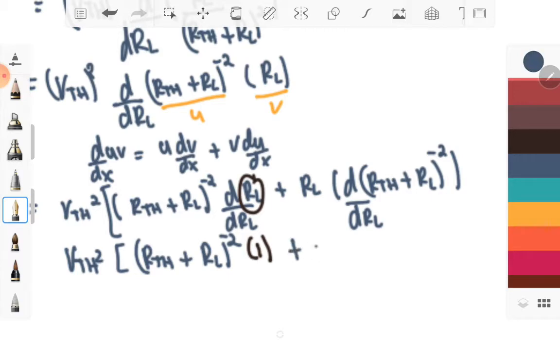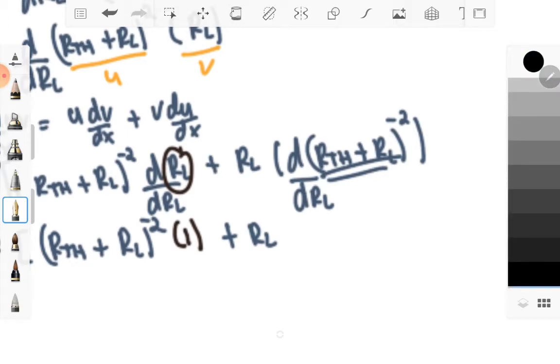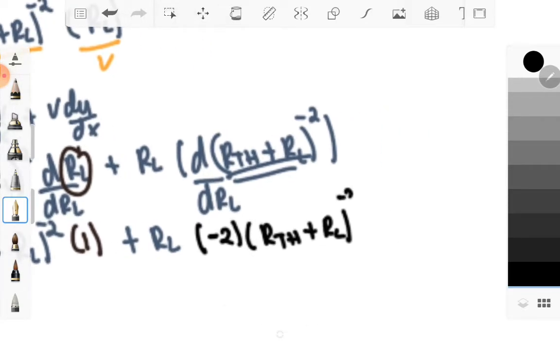So plus RL multiplied by the derivative of this term, so we have the derivative of negative 2 multiplied by (RTH plus RL) raised to negative 2 minus 1, so we have negative 3, times the derivative of our RTH plus RL with respect to RL.